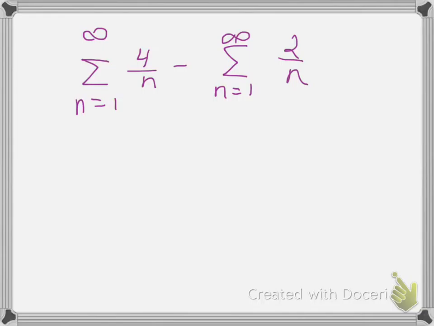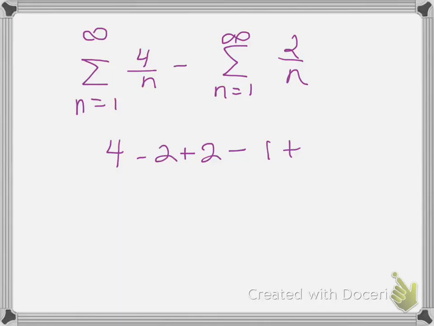Okay? So what I'm going to do is plug in some numbers. I'm going to plug in 1 into both of them. So I get 4 minus 2. And I'm going to plug in 2 into both of them. So then I get 2 minus 1.